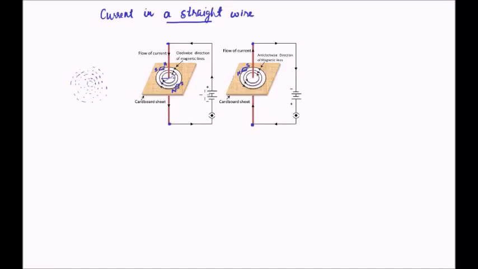Now suppose you increase the amount of current flowing through the wire. Through this wire, if you increase the amount of current flowing, what will happen is that the magnetic strength will increase, and also the distance till which the magnetic field is felt will increase.